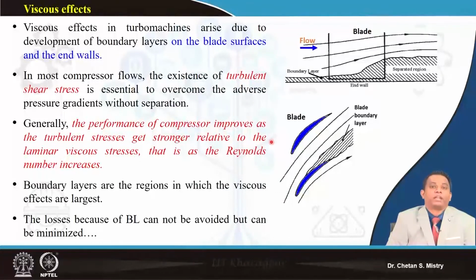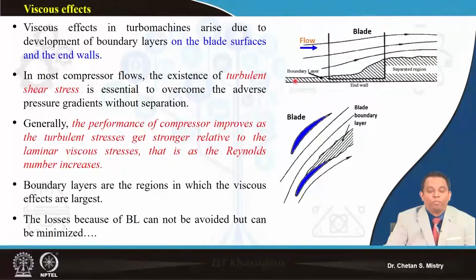Now, having all this idea, let's try to learn something different. As this course is titled, it is aerodynamic design of axial flow compressors and fans, so your understanding of basic aerodynamics is very important. Let's talk about the viscous effect. The viscous effect in turbomachinery arises because of the development and growth of the boundary layer on the blade surface, and even near the end wall region.